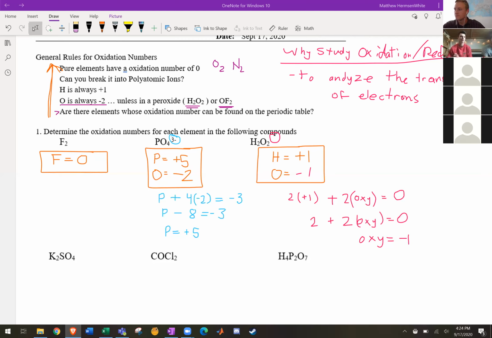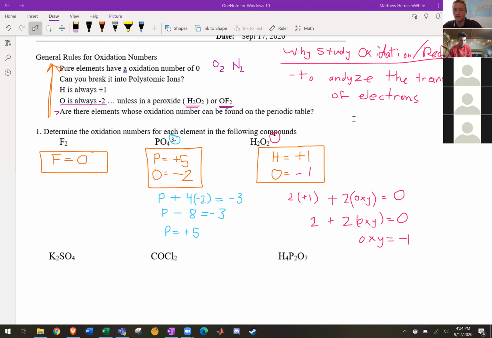I have a question. It doesn't necessarily have to do with these examples, but do you ever use the coefficient when you're trying to determine the oxidation number, like multiply it by the number, or does the coefficient have nothing to do with it?